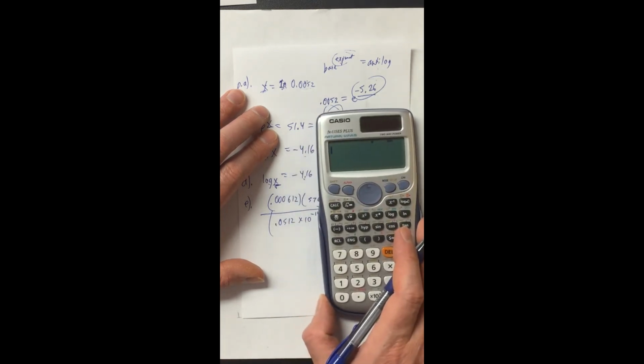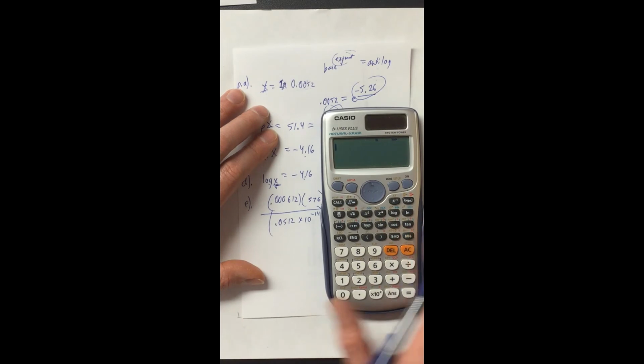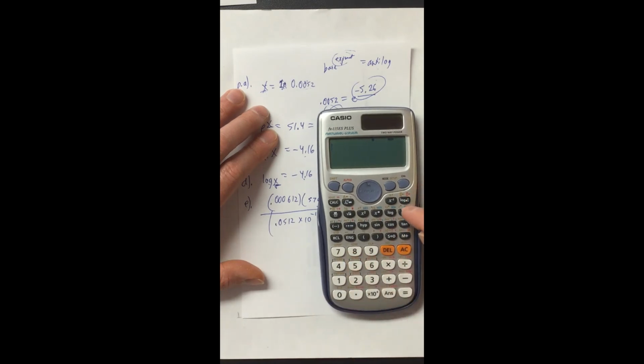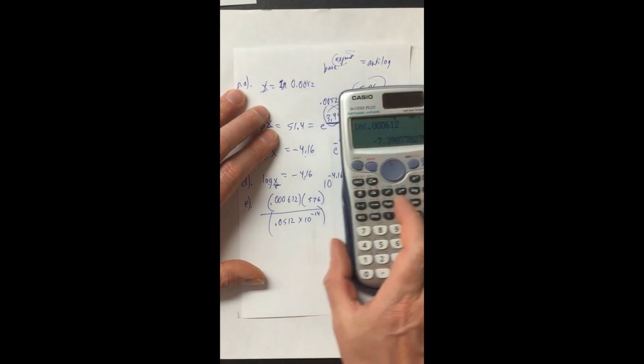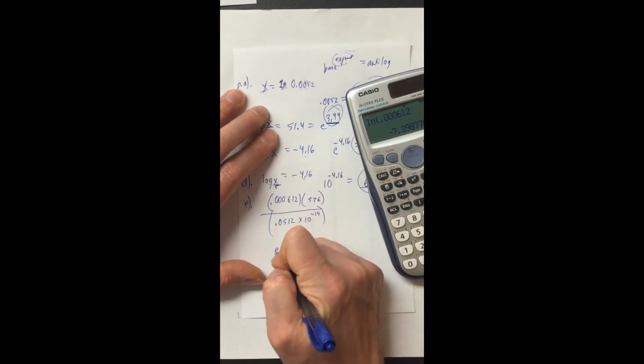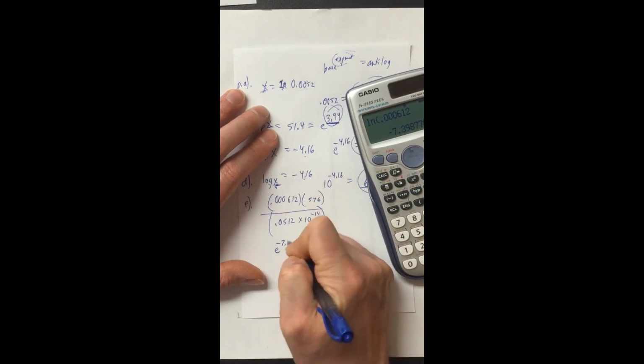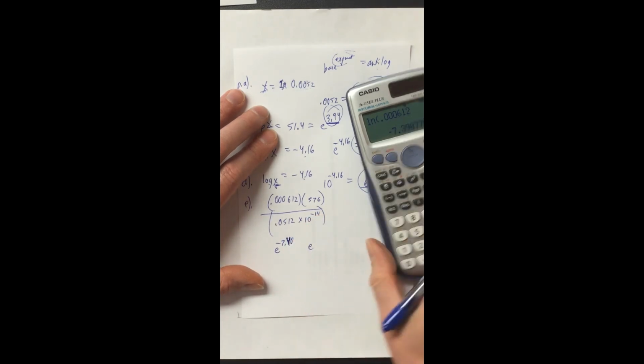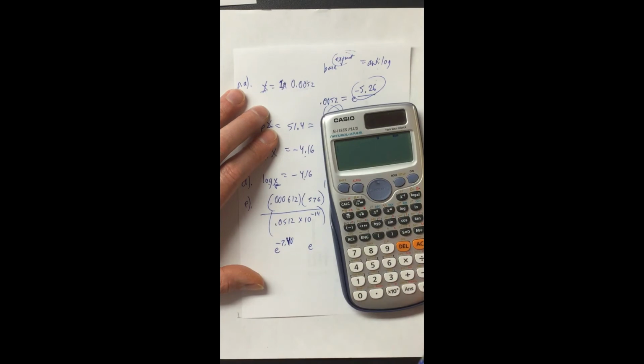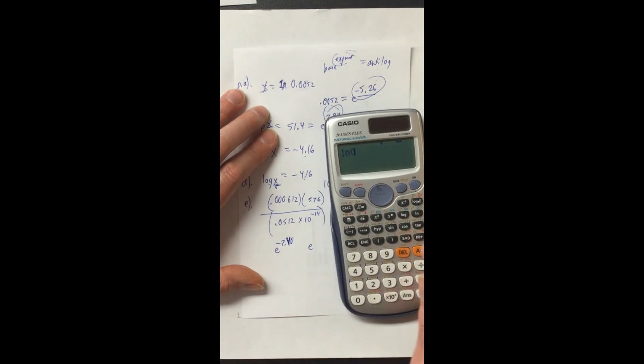Okay, so I'm going to put my calculator over here a little bit. Once again, we're going to hit this button here, 0.000612, and so I can write my first one out there as, I'll write it down here, e to the -7. Actually, it turns out to be 7.40. All right, this next one, I'm going to hit my natural logarithm button.